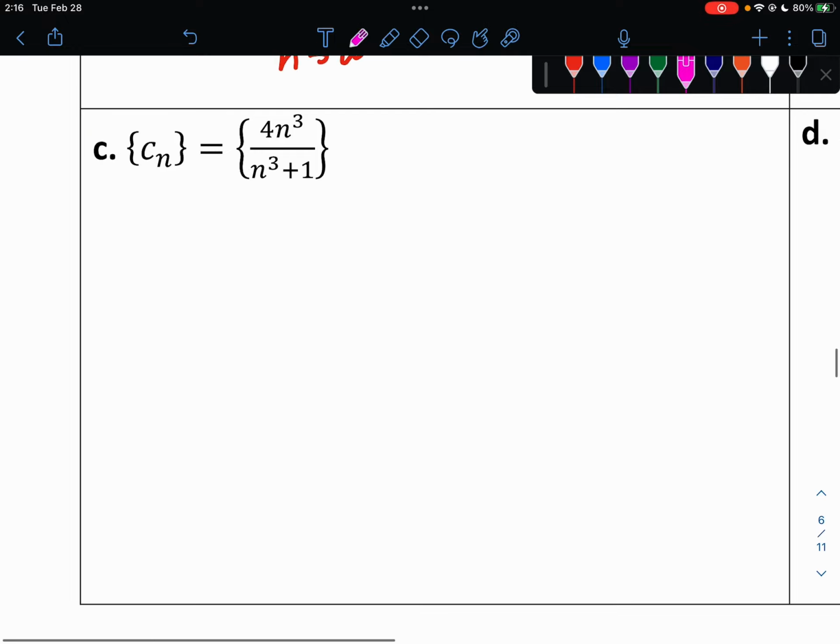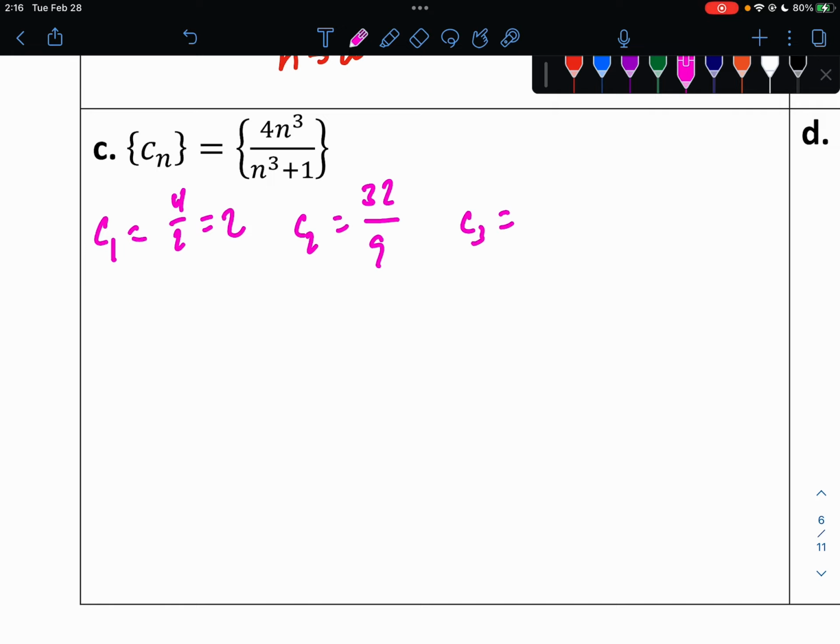Okay. Third one, c sub 1 would be 4 times 1 over 1 plus 1. So 4 over 2, which is 2. C sub 2 would be 4 times 8, which is 32 over 9. C sub 3 would be 4 times 3 cubed.